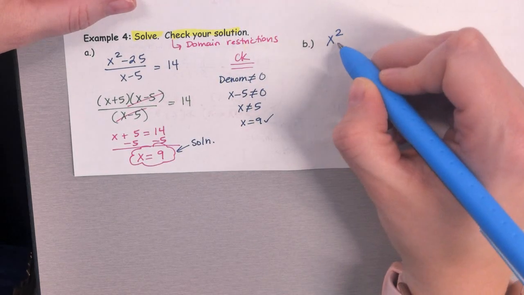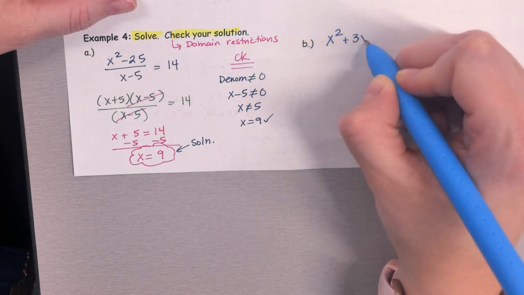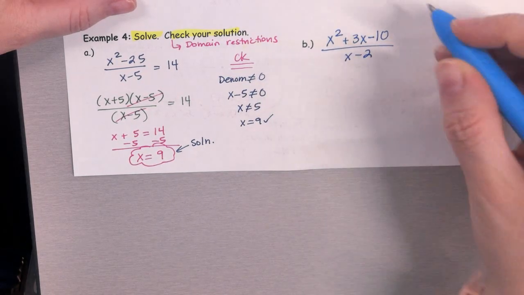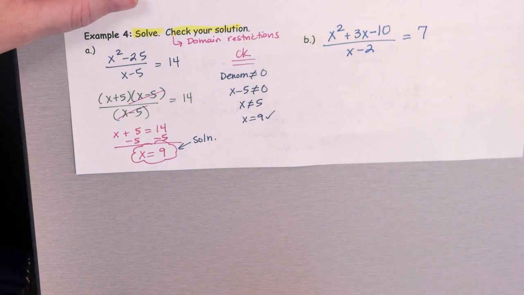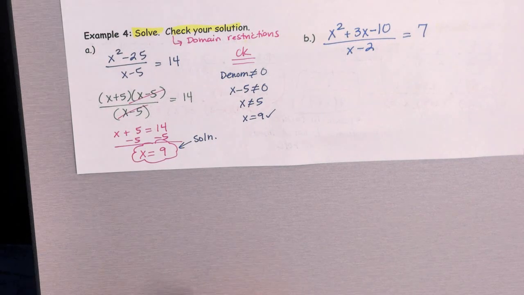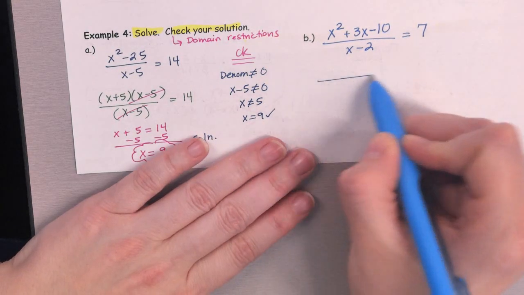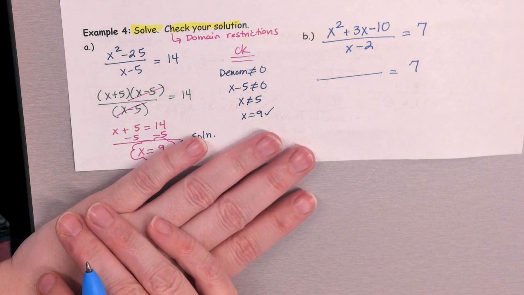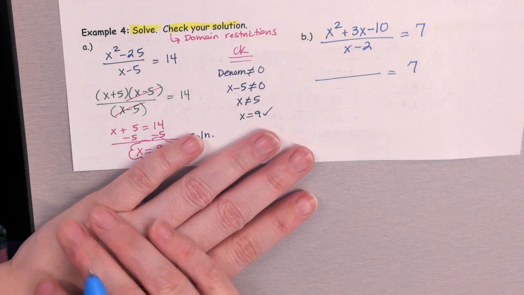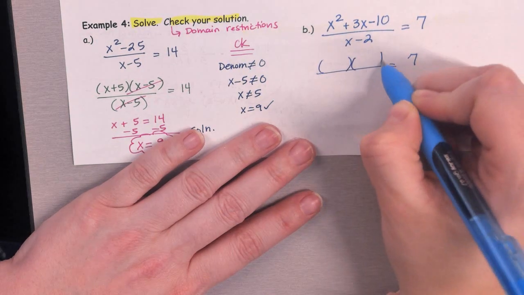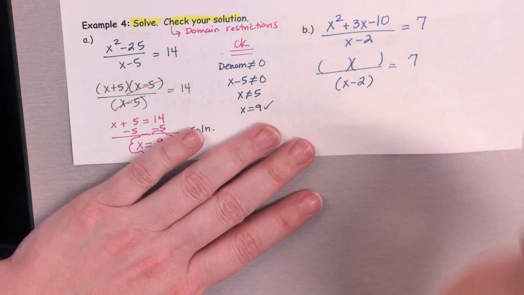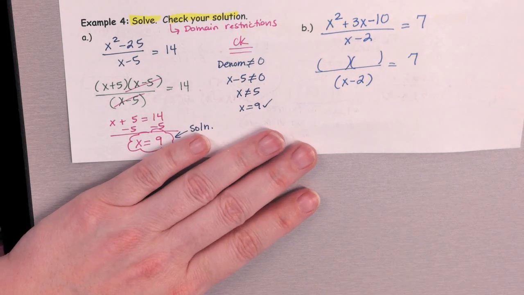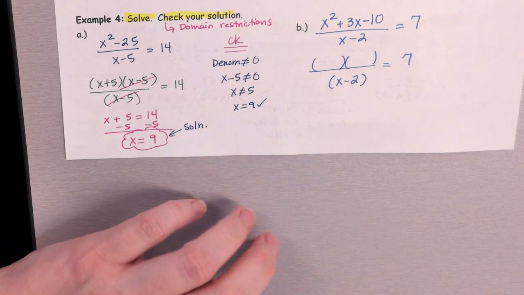Alright, I'm going to have you start part B. So you have x squared plus 3x minus 10 on top, x minus 2 on the bottom, equals 7. So this one's pretty nice to factor, right?